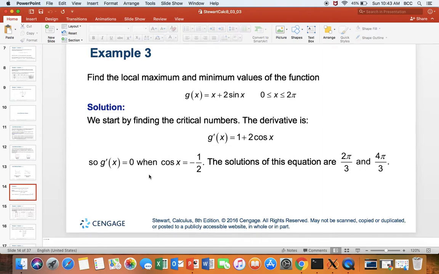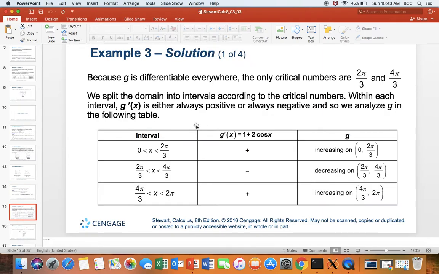That's when you get cosine negative half. Note, your function g is differentiable everywhere. The only critical numbers are these. They split your interval into 0 to 2 pi over 3, 2 pi over 3 to 4 pi over 3, 4 pi over 3 to 2 pi. So these are the intervals.